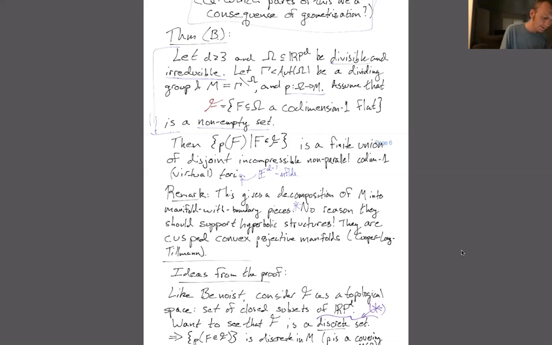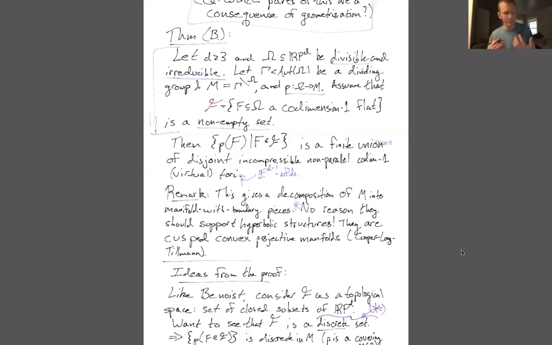So this, remember, is the set of codimension 1 flats in your domain as a topological space in its own right. These are flats sitting inside of projective space. If you take them with their boundary, you can think of them as closed subsets of RP^d.